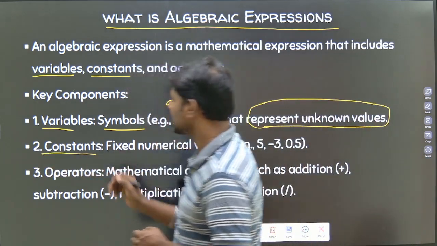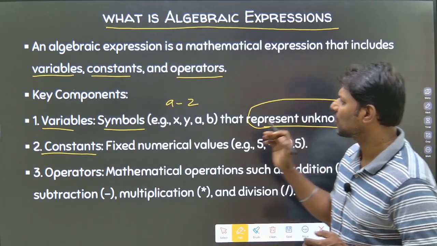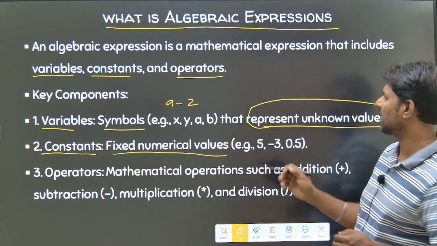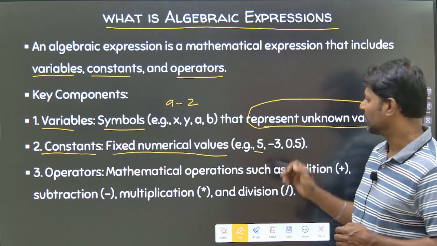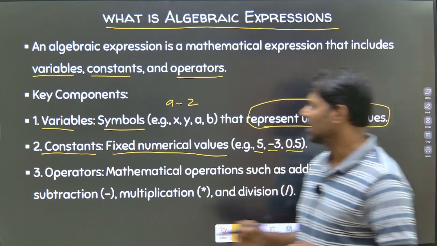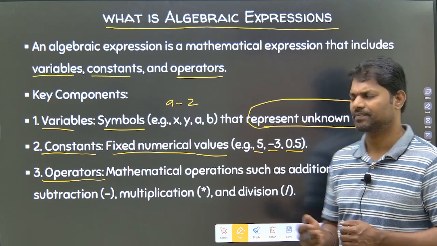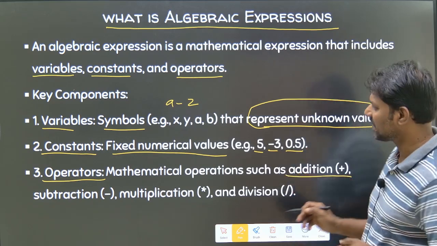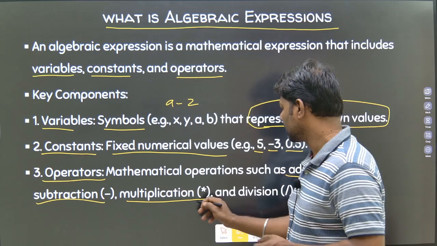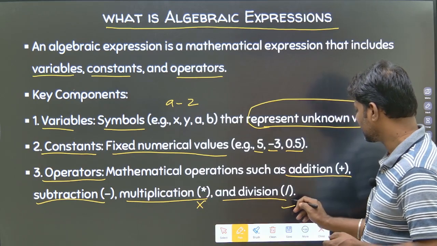Second thing is constants. Constants are values that are known, fixed numerical values. For example, number 5, -3, 0.5, these are constants. And the third one is operators. We know mathematical operators: addition operator, plus; subtraction operator, that is minus; multiplication operator; then division operator.